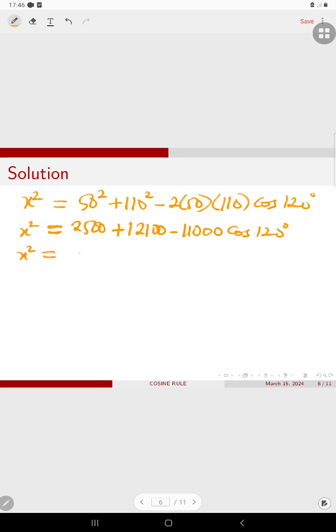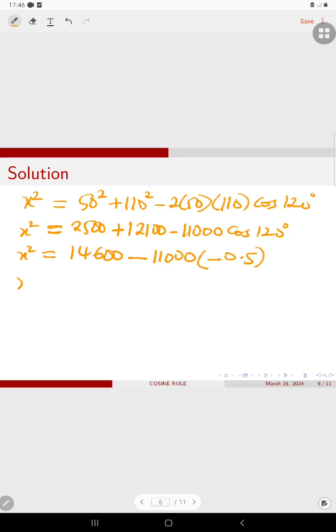So x squared equals 2500 plus 12100, 14600 minus, now you see 11000, cos 120 will give us what? Negative 0.5, right?